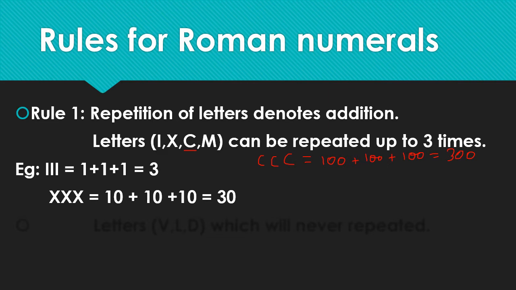Then you can write C also. You can write it 3 times. So C plus C plus C is equal to 100 plus 100 plus 100, which is equal to 300.